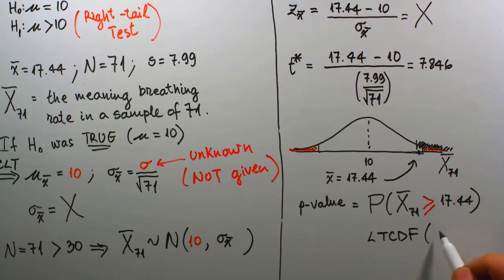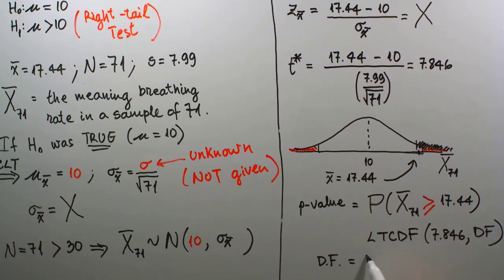Now I'm going to give positive 7.846, and this program will also ask for degrees of freedom. Our degrees of freedom in our sample is the sample size minus 1.